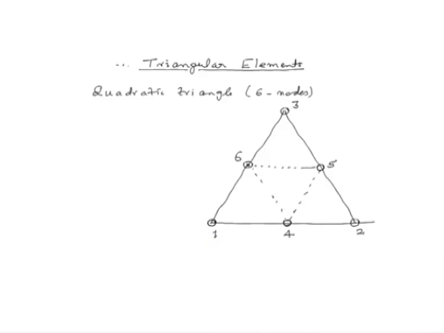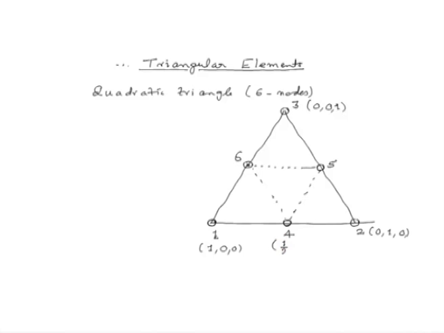So, remember these 4, 5 and 6, they are midpoints of the respective sides. So, in terms of area coordinates, let us note down the coordinates of each of these nodes. Node 1 will have the coordinates 1, 0, 0, node 2 has got coordinates 0, 1, 0, node 3 has got coordinates 0, 0, 1, node 4 is midway between 1 and 2.